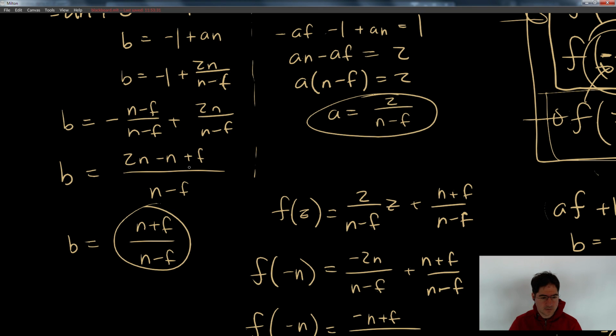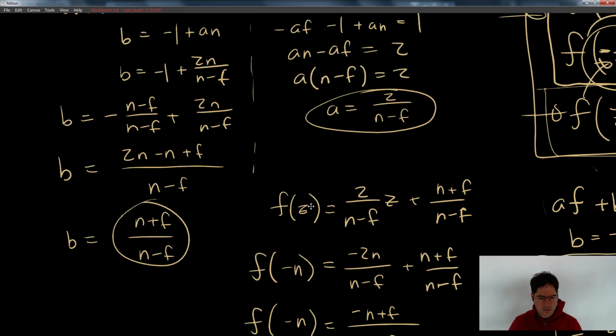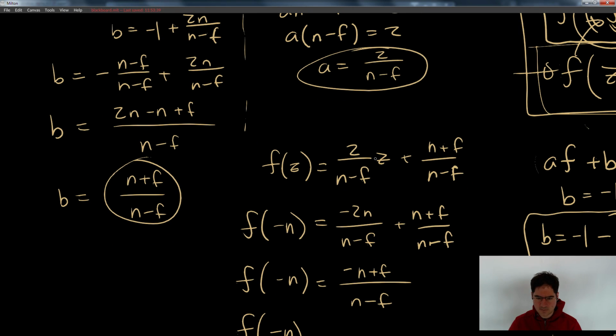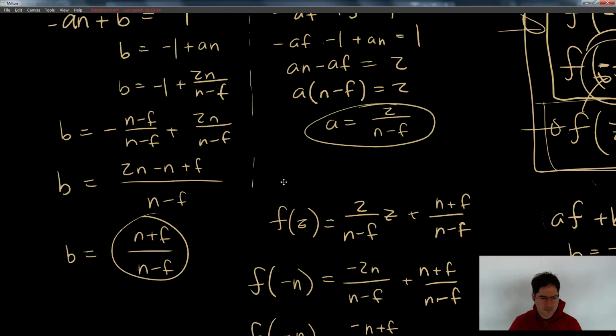Negative n plus f. Plug in negative n for z. Very slow math day here today, if ever there was one. Negative 2n should be on top. I should be able to combine these because they're both over n minus f. Yes.